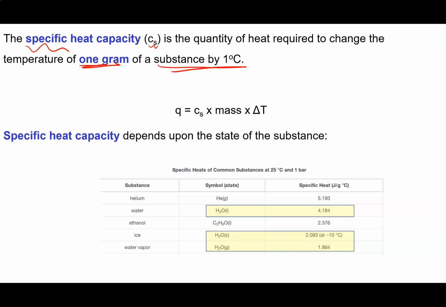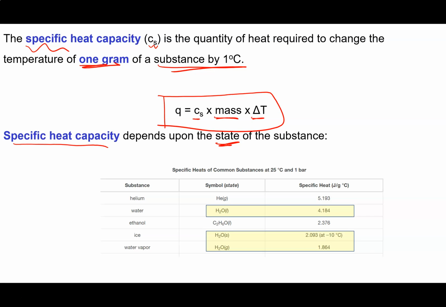And so it becomes a lot more applicable. So using this form of the heat capacity, we can now write that the heat transferred is equal to the specific heat capacity multiplied by the mass of the object multiplied by its change in temperature. It is important to realize that the specific heat capacity, and in fact just the plain old heat capacity, does depend on the state of the substance.